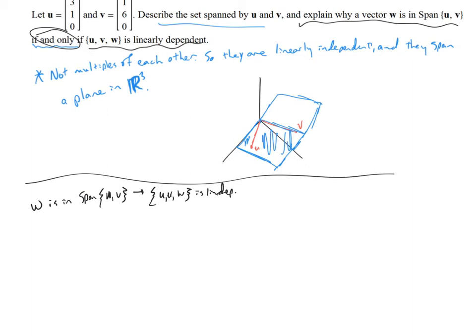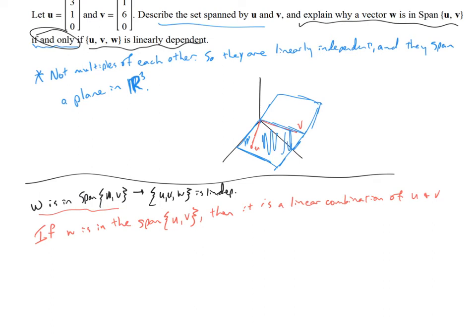The how-to of the proof is we start out with this: if w is in the span of u, v, then what does that mean? It means it is a linear combination of u and v. That's what it means to be in the span.